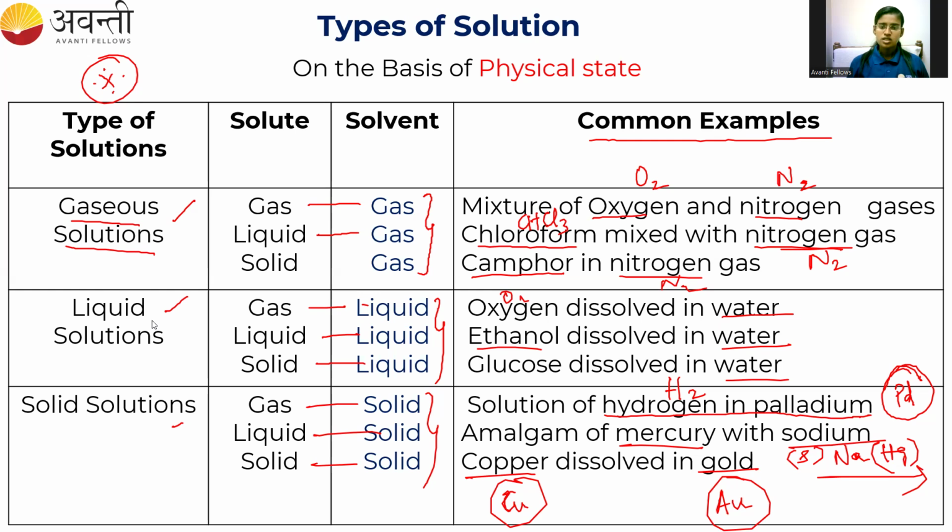Got it? So this is how you should understand and study the examples. All the examples are very important. Clear for all of you? So any doubt? Is there any doubt from this physical state classification for anyone? Is everything clear? Okay, fine. Great. So let's move on.